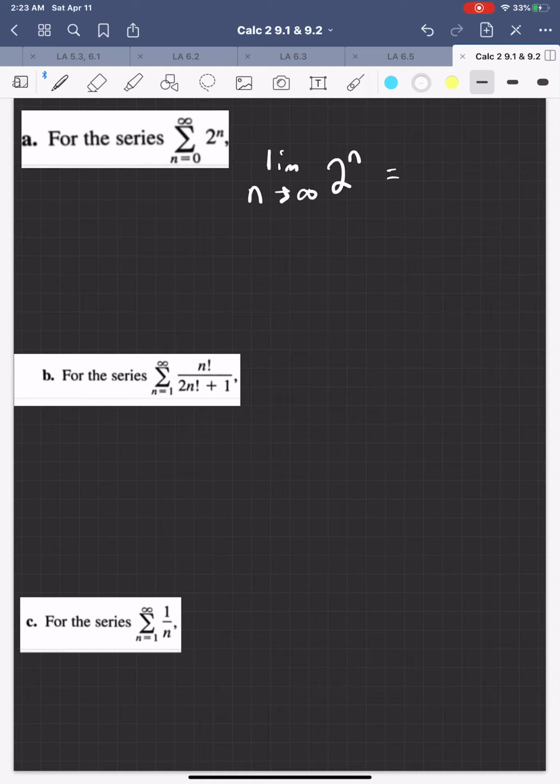That's what that theorem says. Well, look, 2 to the n as n approaches infinity, does that equal 0? Does that not equal 0? Yes, it does. It does not equal 0. So we get to automatically say diverges.